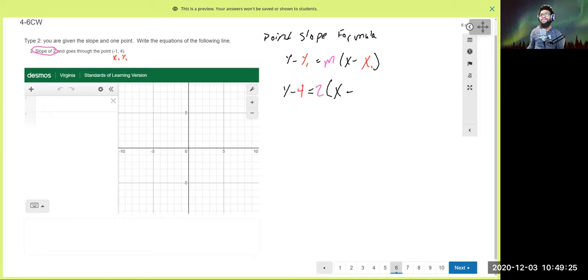So minus -1 is going to be +1, okay? We end up with y minus 4 equals 2 times (x plus 1).